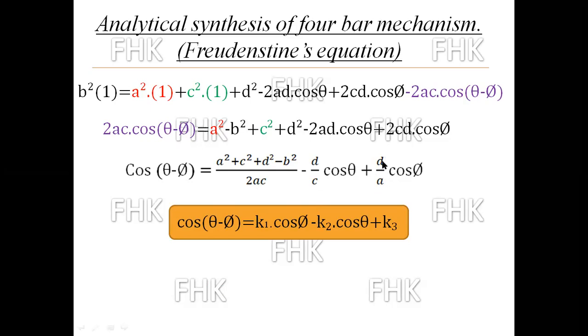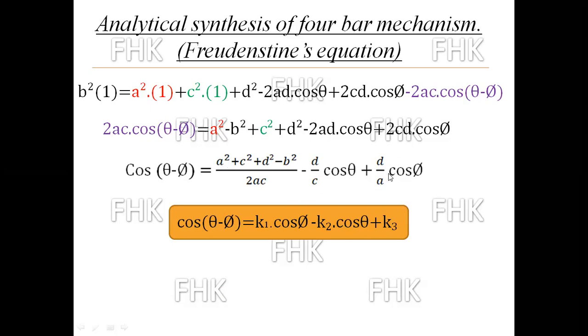So for d by a, for this constant I am taking k1 as constant, k1 cos phi. For d by c, for this constant I will take k2 as constant, minus k2 cos theta, and for this whole term constant I am using k3.